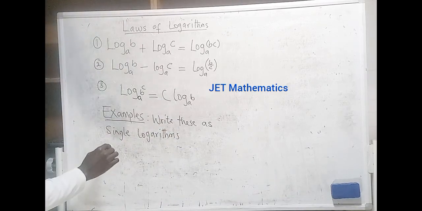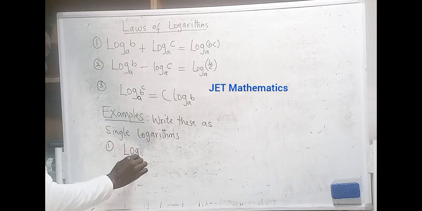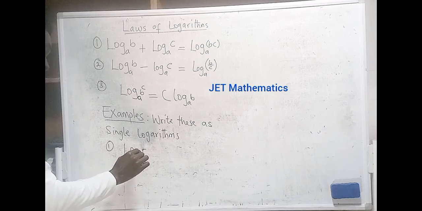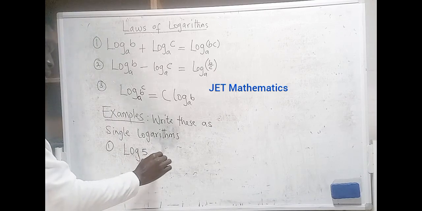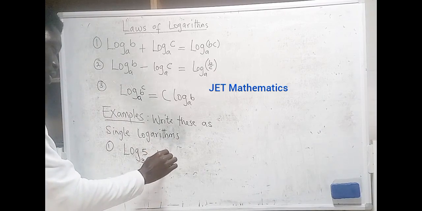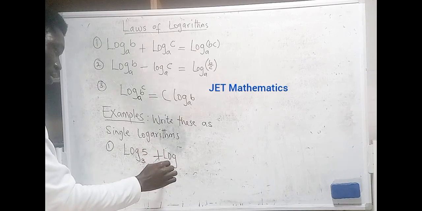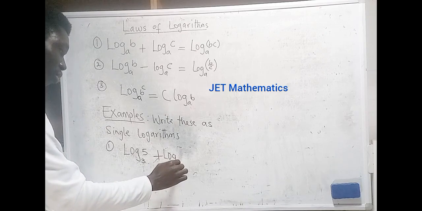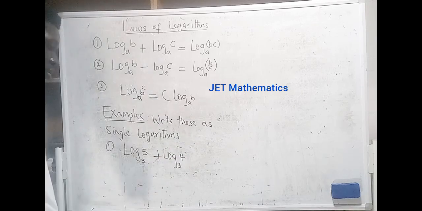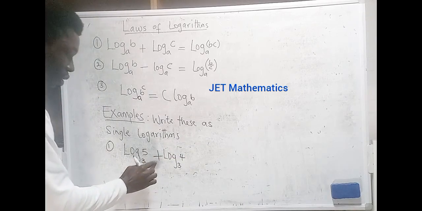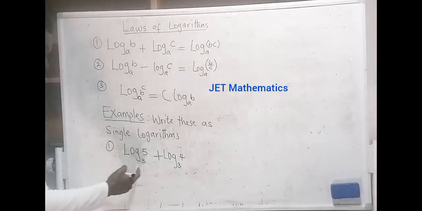Number one, suppose we have log 5 to base 3 plus log 4 to base 3. We can write this as a single logarithm.